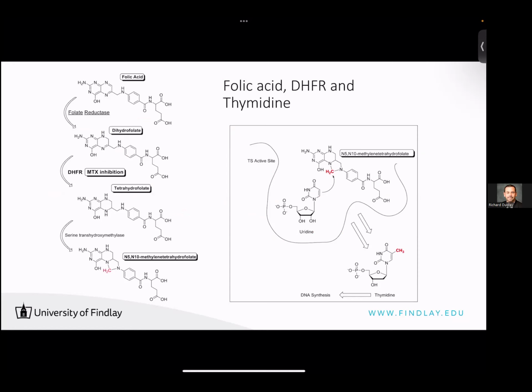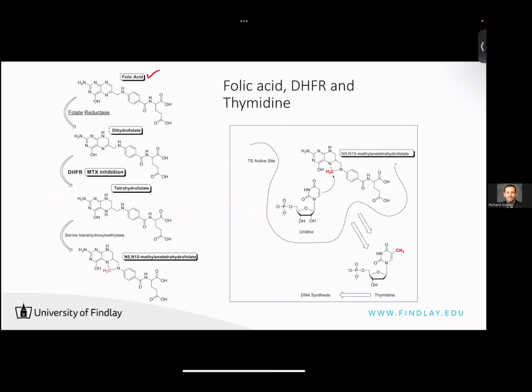Now let's look at an image to help, again, reiterate the mechanism behind what's going on with methotrexate. Recall, folic acid gets taken up into cells through a folate receptor or a folate transporter. We have receptors on our cell surface that recognize folic acid and bring it into the cell. And recall also, folic acid is taken in by the diet.